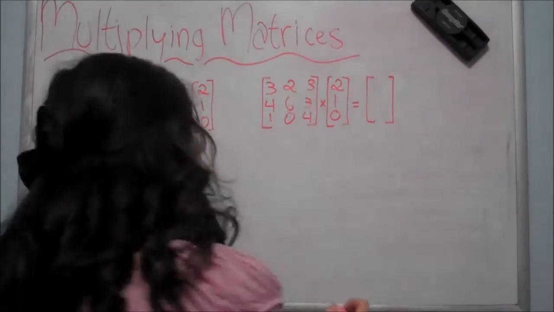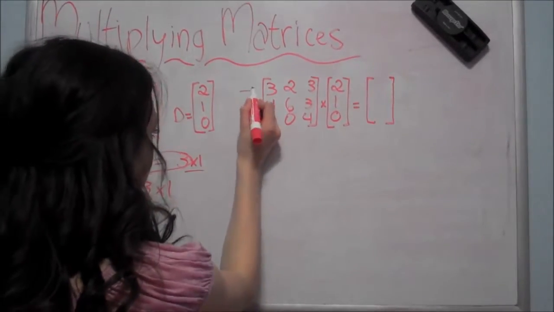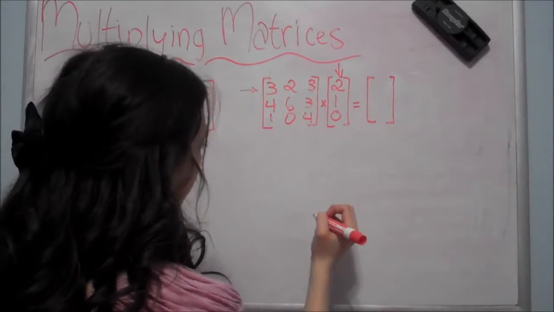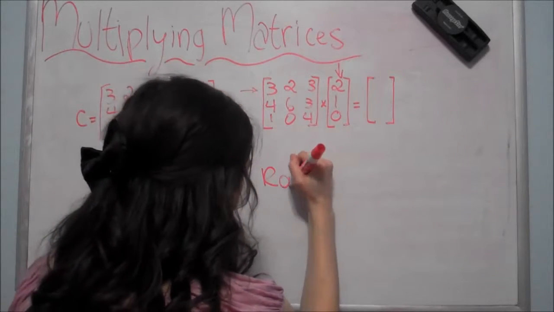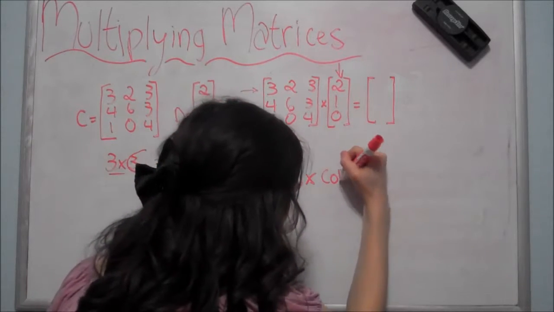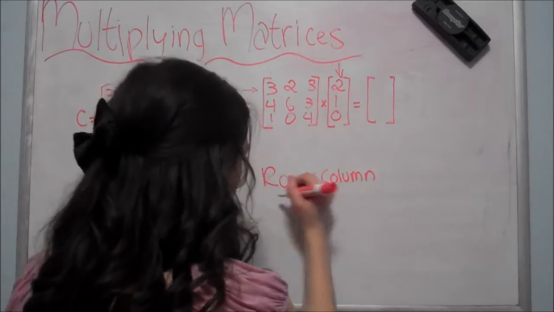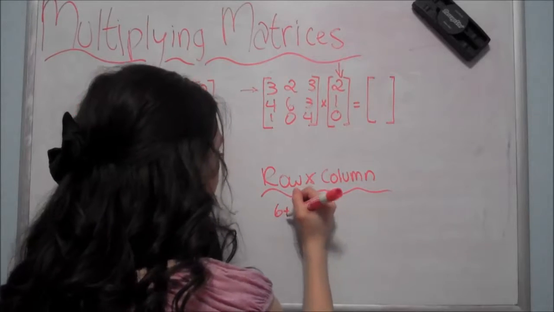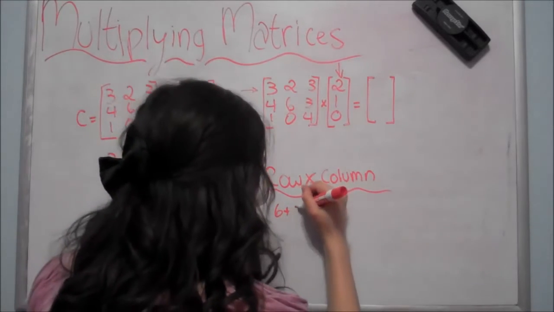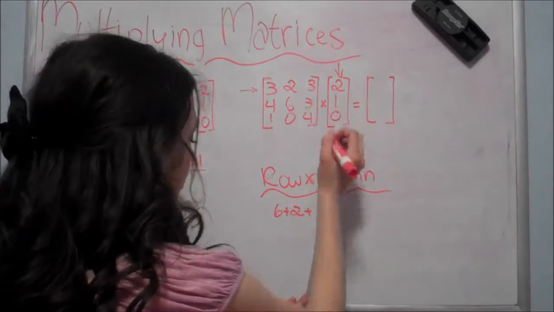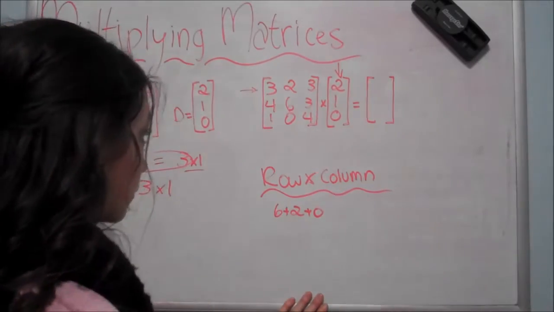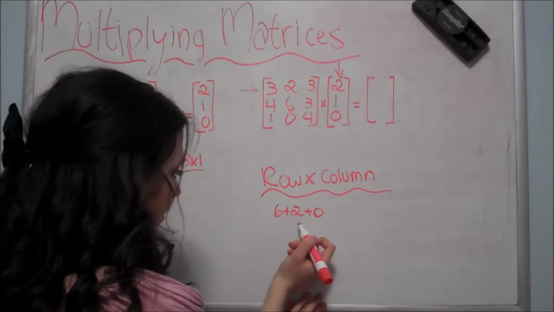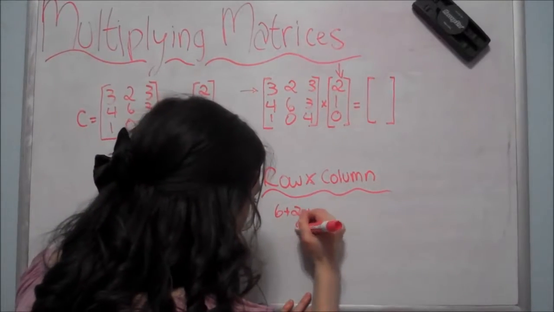Alright, so first row by the column. 3 times 2, I'll just write this out. Okay, 3 times 2 equals 6, plus 2 times 1, which is 2, plus 3 times 0, which is 0. So 6 plus 2 plus 0 equals 8.